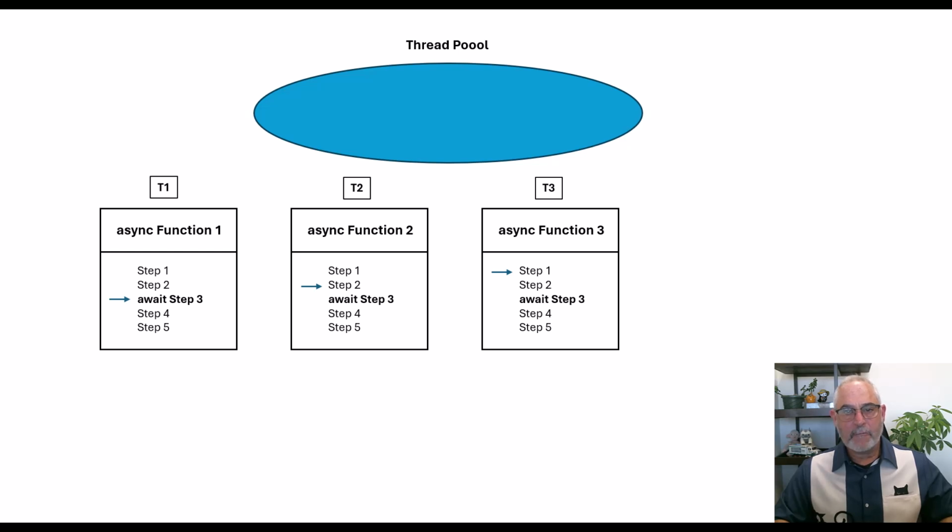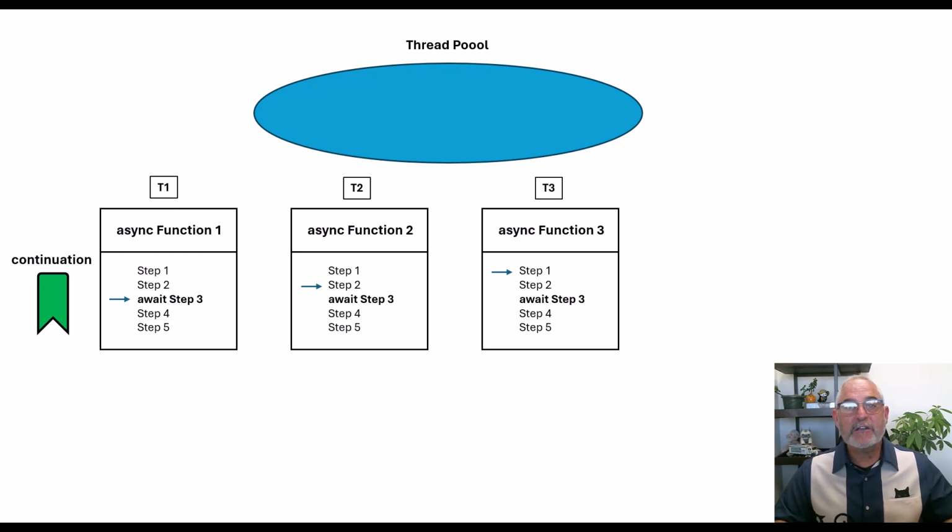So here we are. We've got threads T1, T2, and T3 allocated, and our 3 functions are running. And step 3 is awaiting right here. So when we await that call, what really happens is the .NET framework creates what's called a continuation.